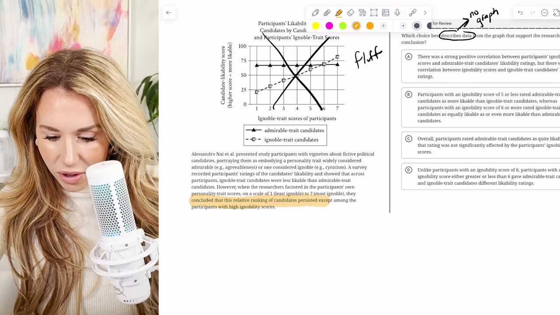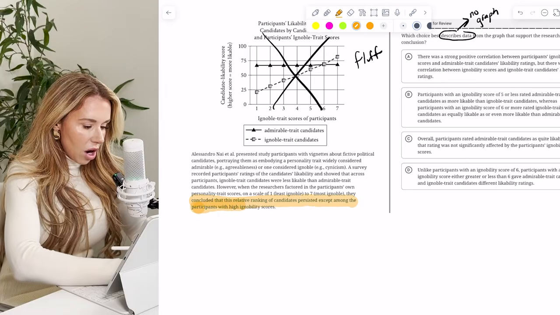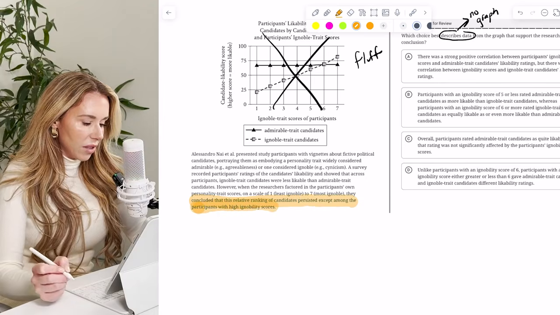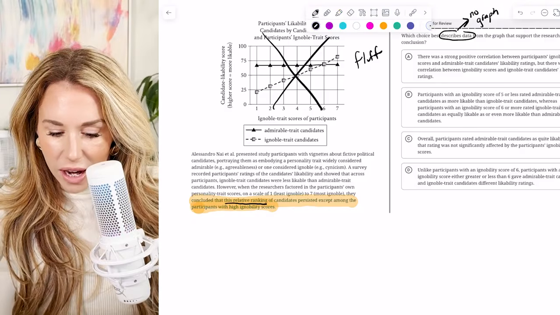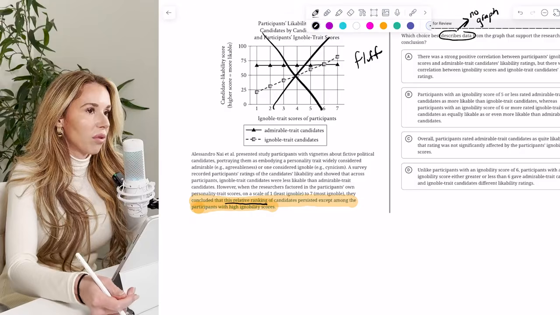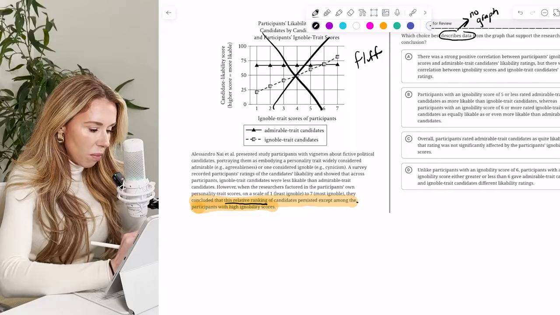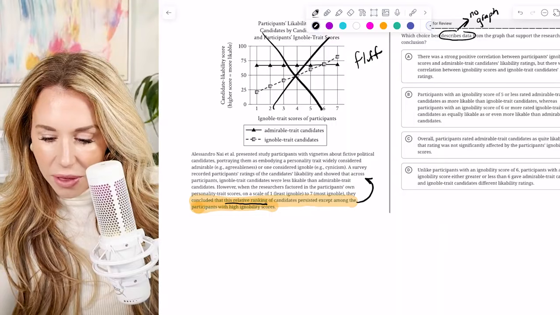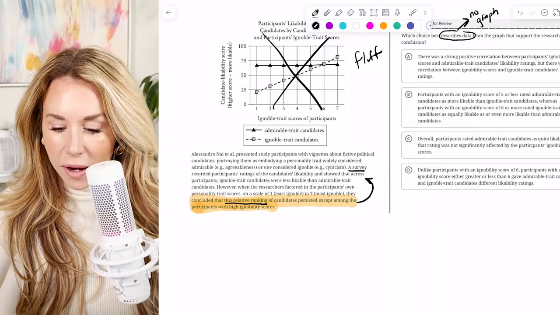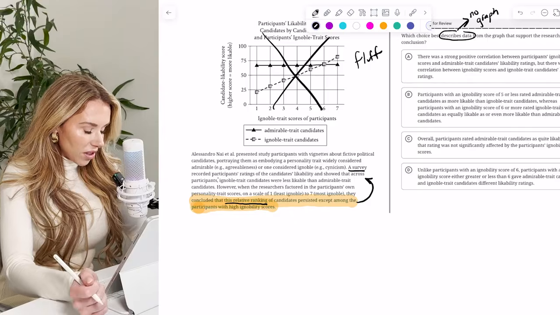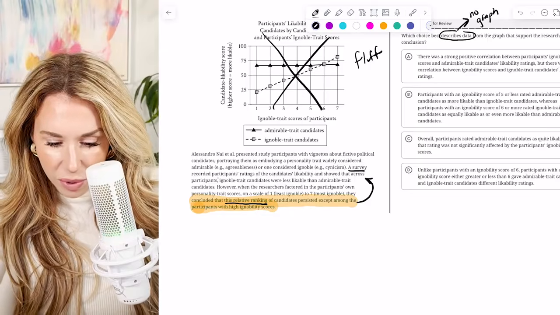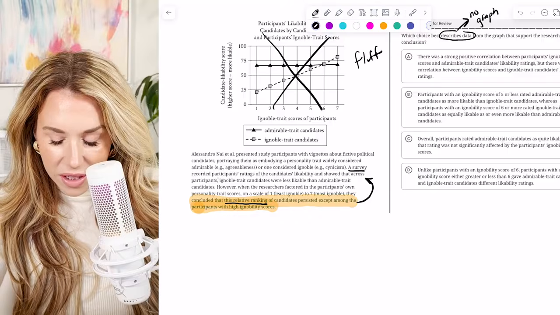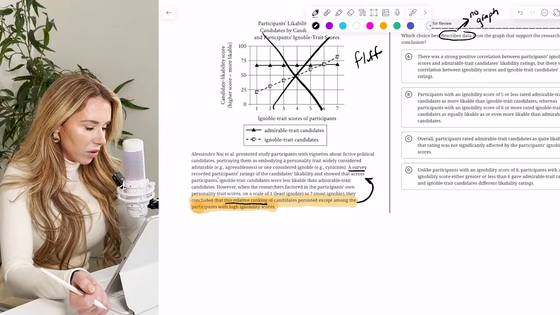"Concluded that this relative ranking of candidates persisted except among participants with high ignobility scores." Okay, well, I don't know what this relative ranking is. We have a pronoun phrase, so I need to go back to find out. I think I'm going to start here with a survey. "A survey recorded participants' ratings of the candidates' likability and showed that across participants, ignoble trait candidates were less likable than admirable trait candidates."